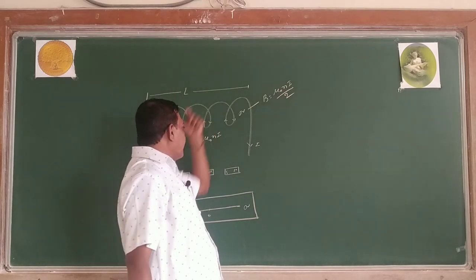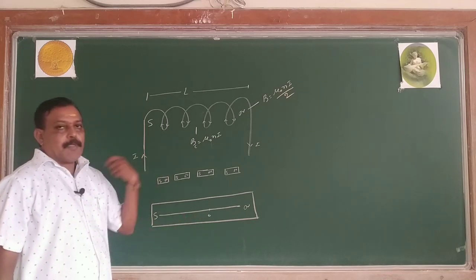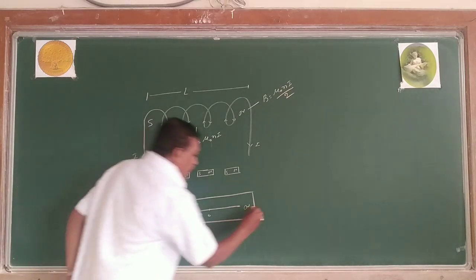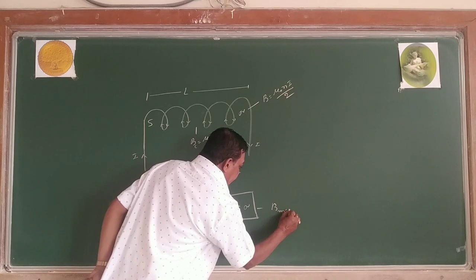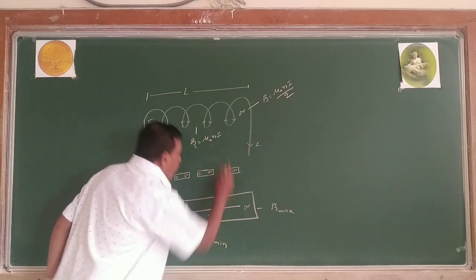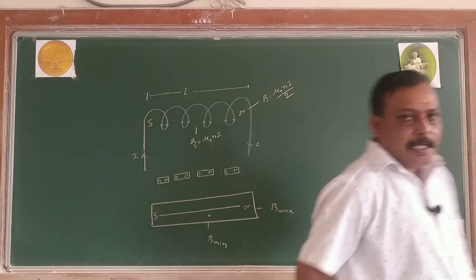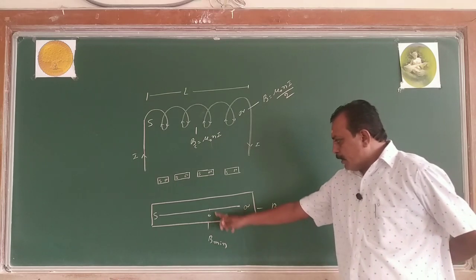It is half of the magnetic field produced at the center. But in the case of a bar magnet, the field is maximum at the ends and minimum at the center. It is the reverse of what? Solenoid.